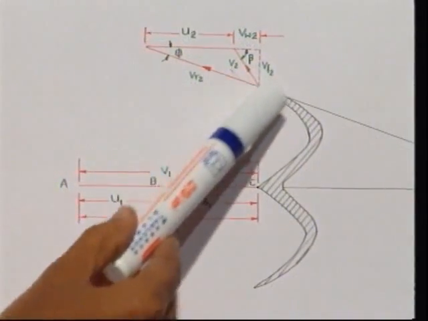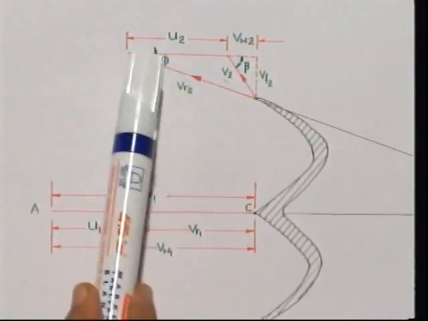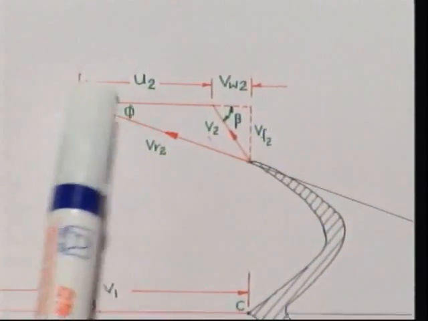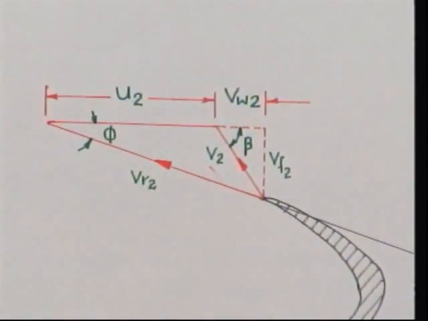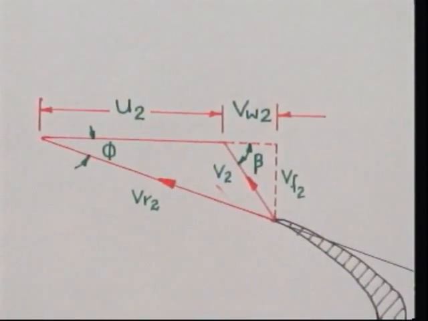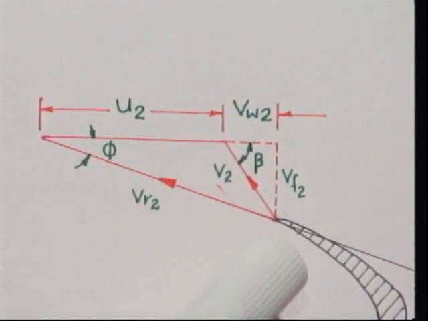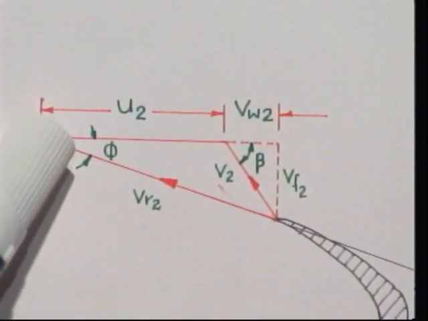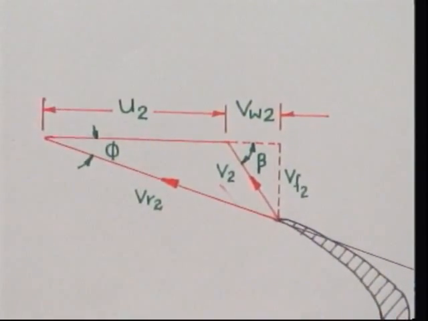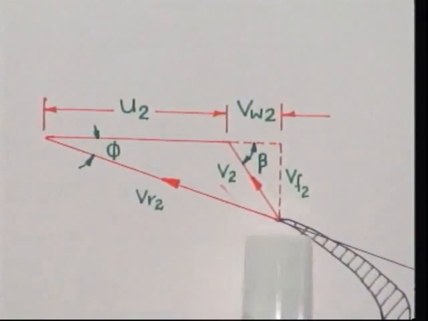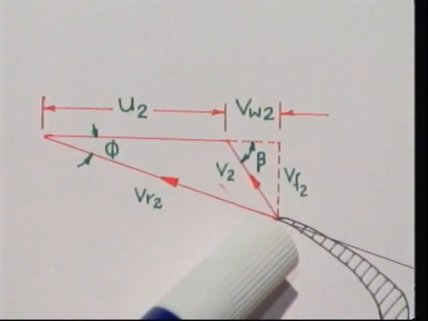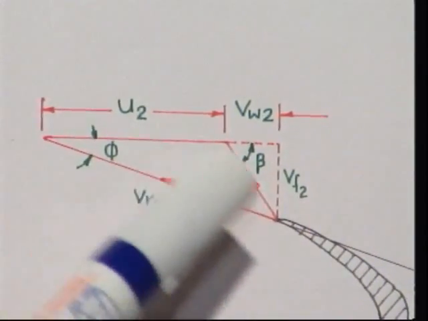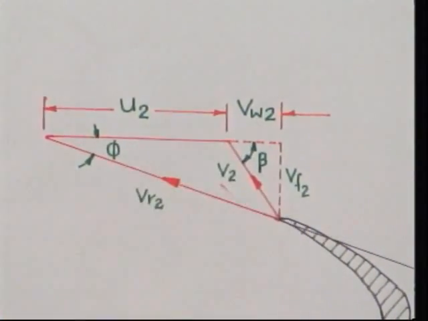Now if we draw the outlet velocity triangle, this is the velocity of blade u2, which is equal to u1. The water has to come outwards with a velocity Vr2, but while it comes out the blade moves a certain distance, so the absolute velocity of the jet will become V2.